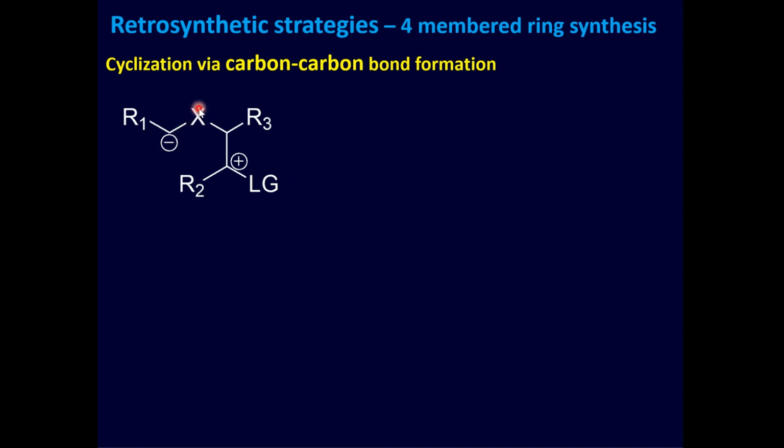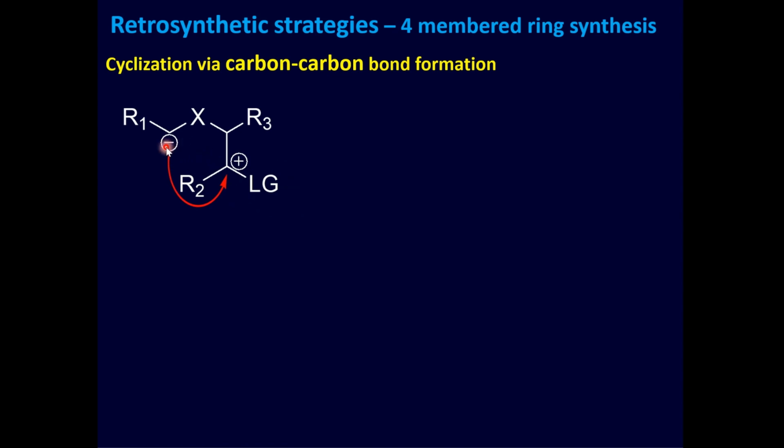Because of this electron withdrawing group and heteroatom, the carbon adjacent to the heteroatom is acidic enough to lose a proton. A strong base takes the proton, giving rise to a carbanion. It is an electron rich center, and the carbon attached to the electron withdrawing leaving group is an electron deficient center, and when we heat it, the cyclization can occur.